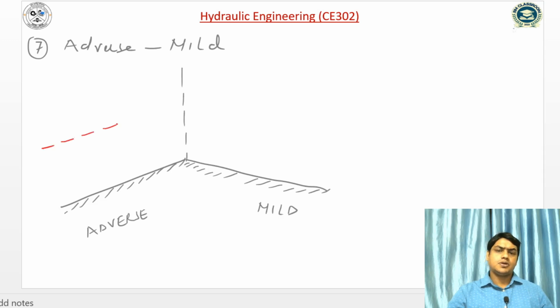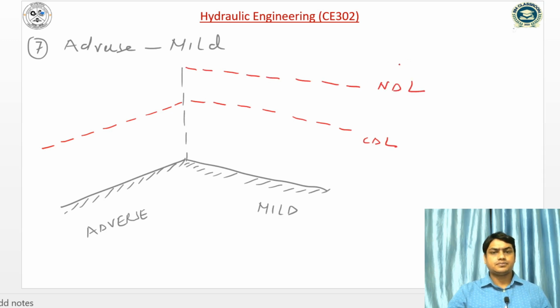This is the critical depth line, CDL, NDL. So the profile will be either A2, so it will be like that, so it will be A2.